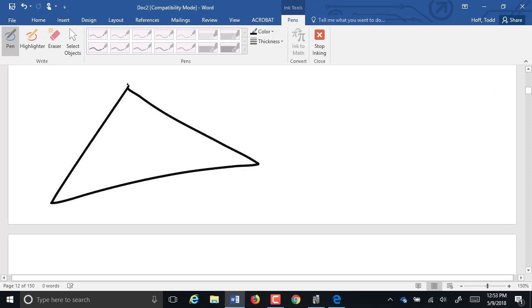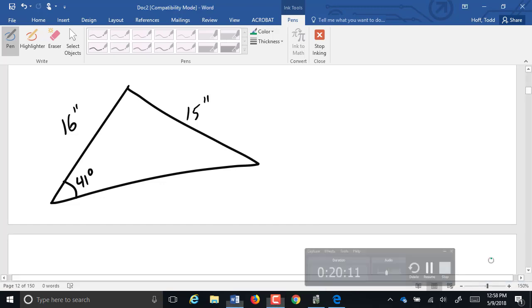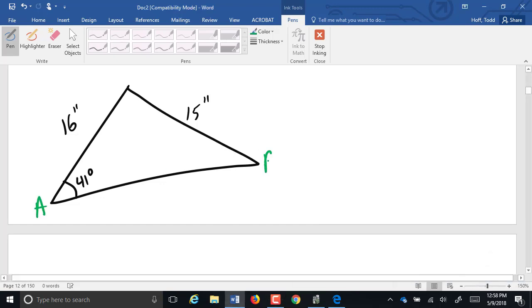I'm going to give you this one. Find the area of that for me. Okay, so for this one, I'm just going to label it for ease of reference. What I really need is this angle up here.